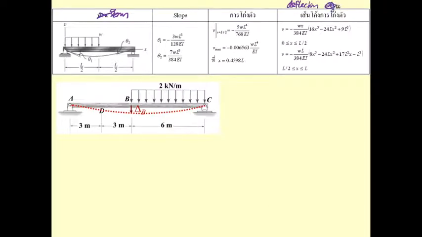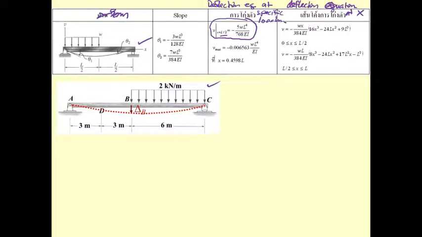We have this equation and this one, the deflection at x. This one is the deflection at a given location, such as at x equal to L over 2. This is the deflection equation at a specific location. Comparing this picture with this one, there is a minor difference between them.